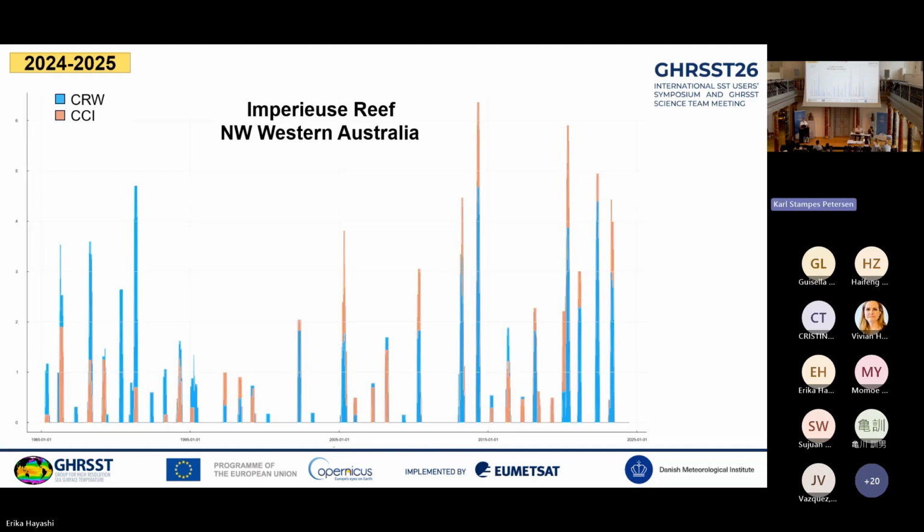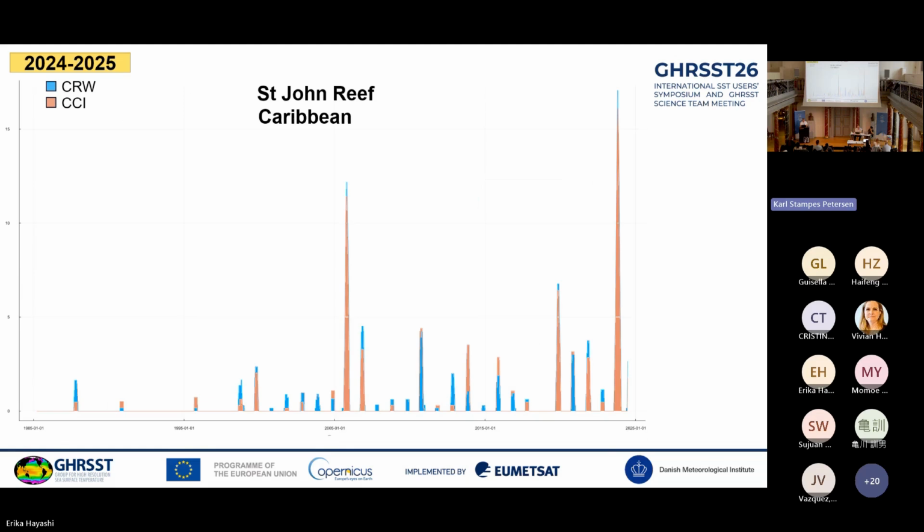For a reef over in northwest Australia, you get a weird situation where Coral Reef Watch is the higher value than CCI for the first half-ish of the data set. This is, by the way, stretching from 1985 right through to the present. And CCI is higher for the last half of the data set. Then you get a situation where occasionally, this one's Caribbean, they're pretty much the same.